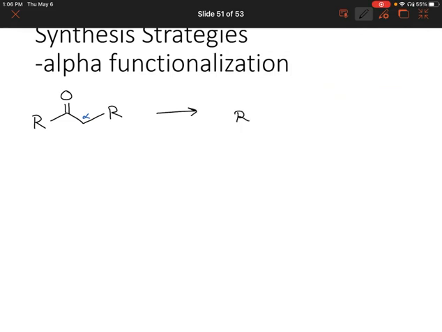Let's say you want to add a bromine. How would you do that? Do you remember the reaction or the reagents we would use? We would use acid and Br2.